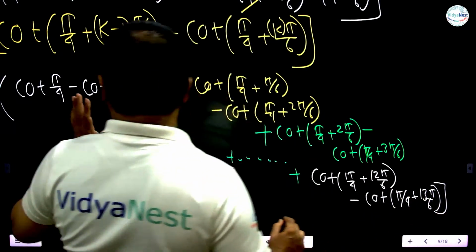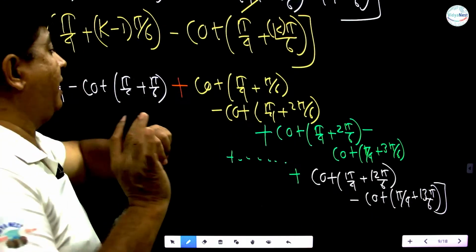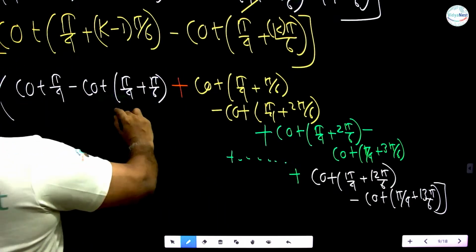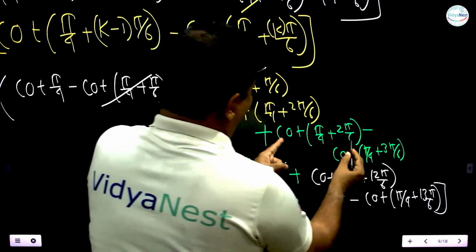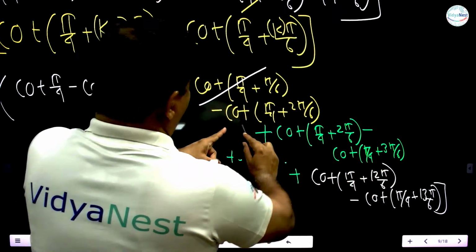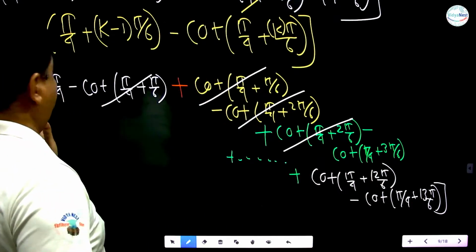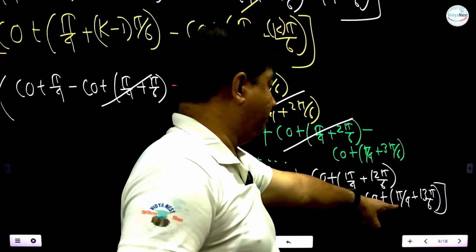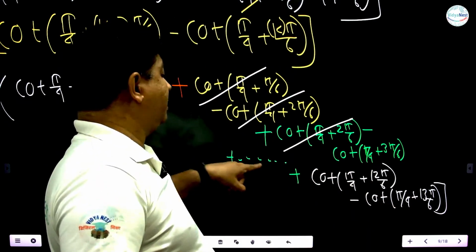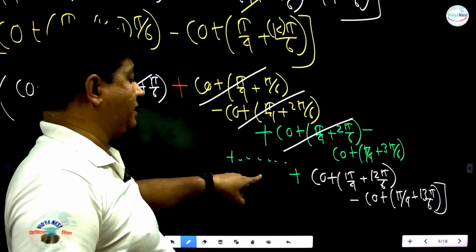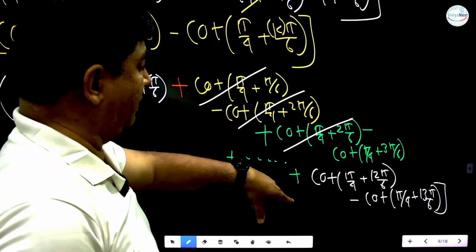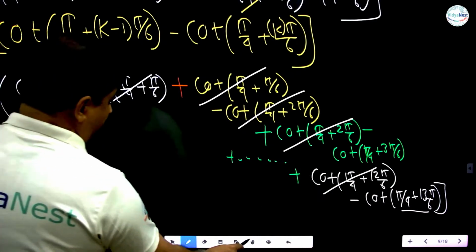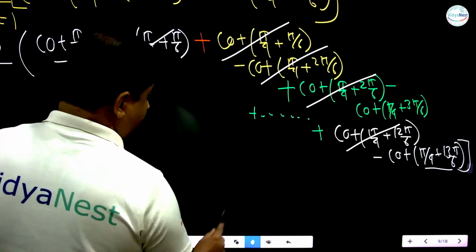In the beginning, keep putting like this and you will get an idea how the first component of the second term cancels with the second component of the previous term. But once you get the grip on it, you can directly write the first term and last term, because the previous term would be cot (pi by 4 plus 11 pi by 6) minus cot (pi by 4 plus 12 pi by 6). All terms will get cancelled except the last and first one. So that is the utility of the telescopic method.